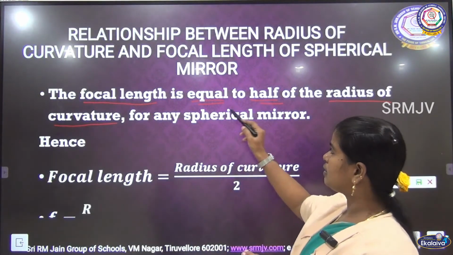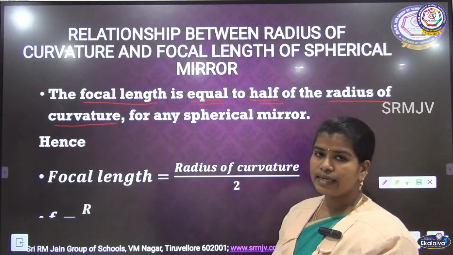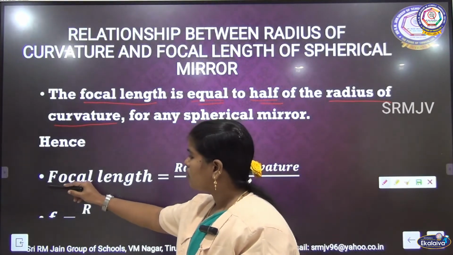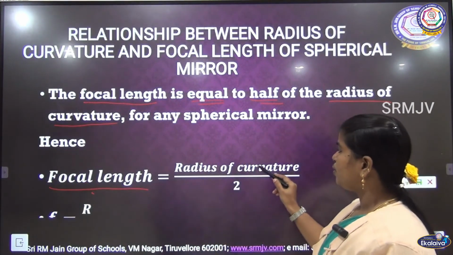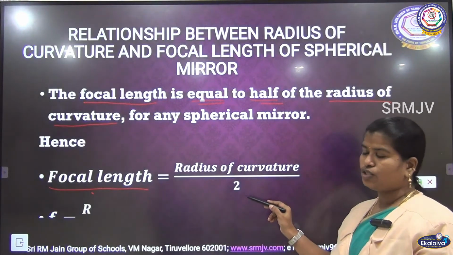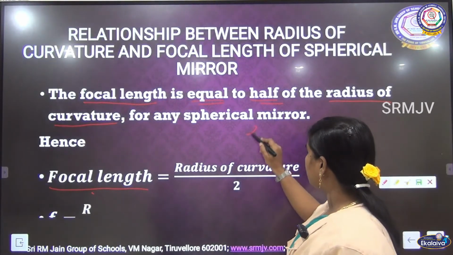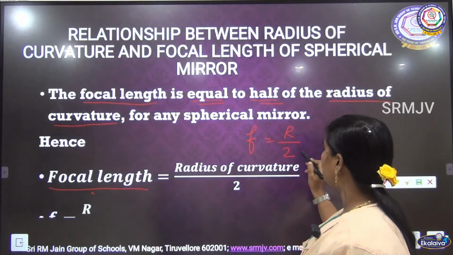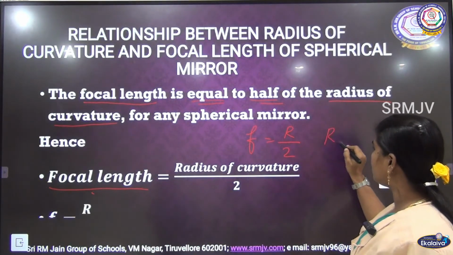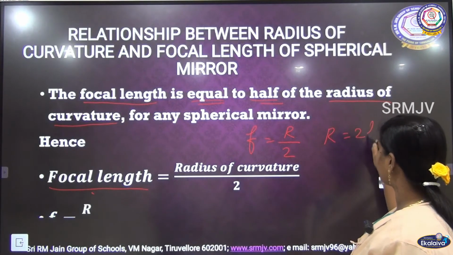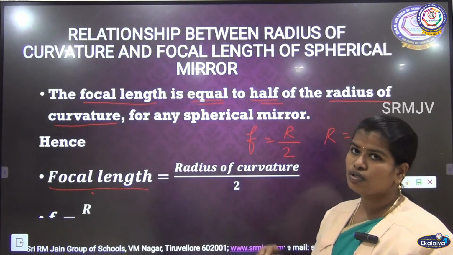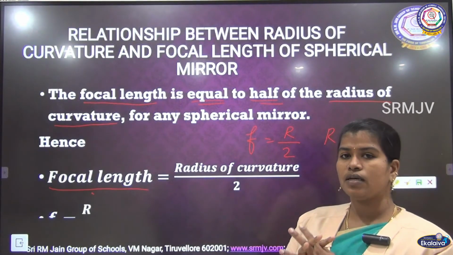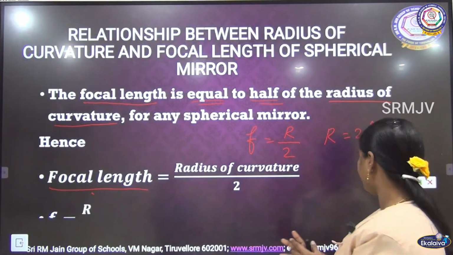So f is equal to R by 2, or otherwise R is equal to 2f. This is the relationship between the focal length and the radius of curvature.